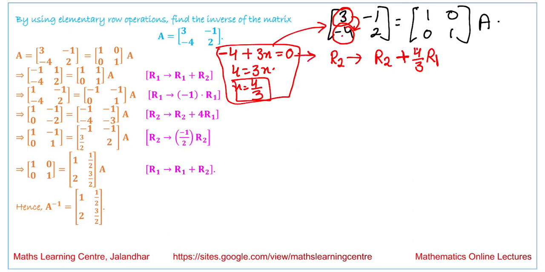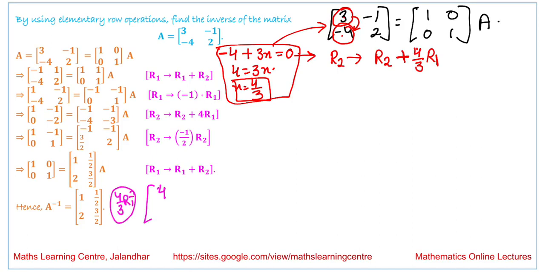That is why we applied this operation: row 2 approaches row 2 plus 4 by 3 times row 1. Now we are talking about this matrix. If I write 4 by 3 times row 1, so it is 4.